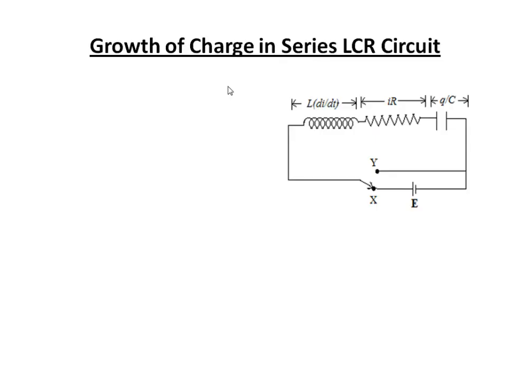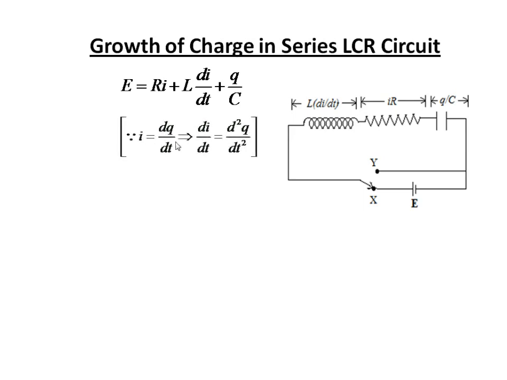Now let's see the growth of charge in a series LCR circuit. It is a similar example to that of the damped harmonic oscillator. Here L, R and C are connected in series with a battery of EMF E when the switch is at position X. According to Kirchhoff's law, the sum of the voltages across each element is equal to the total applied EMF, as I is equal to dq by dt and di by dt is d2q by dt square.